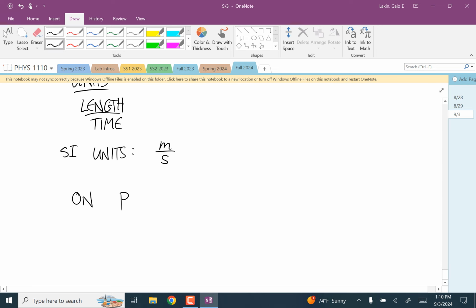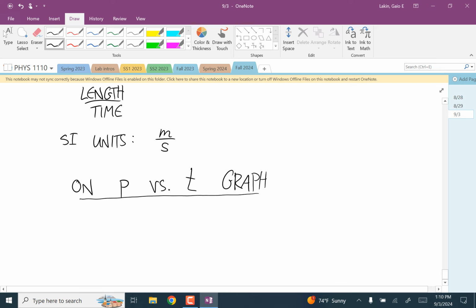On a position versus time graph, the velocity at a given instant is the slope of the tangent line.